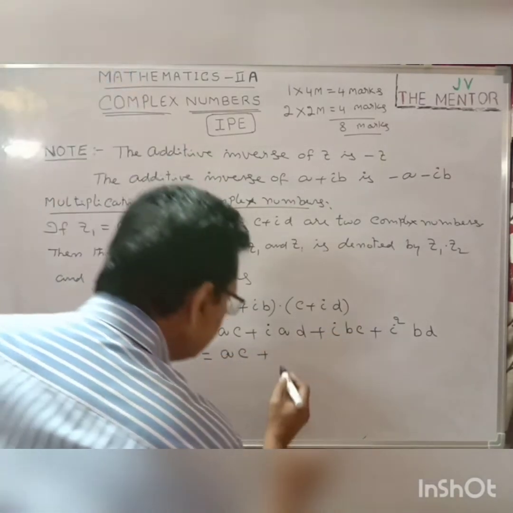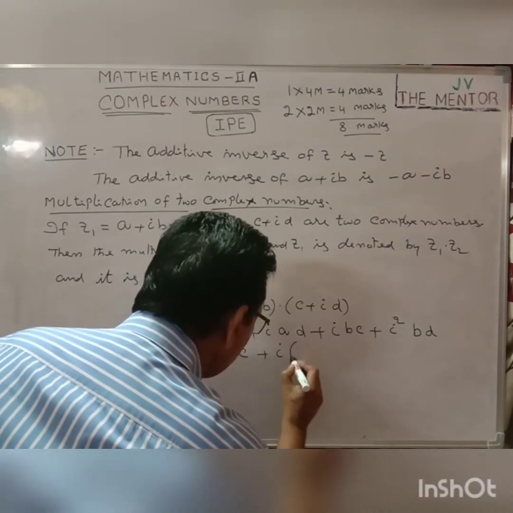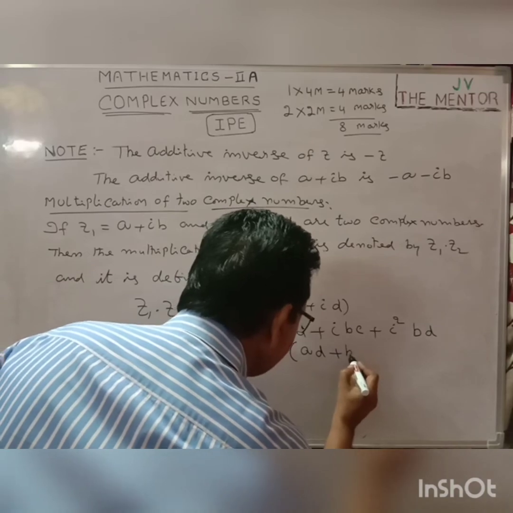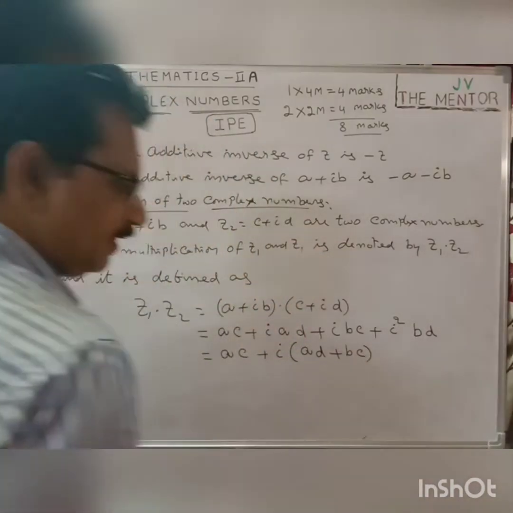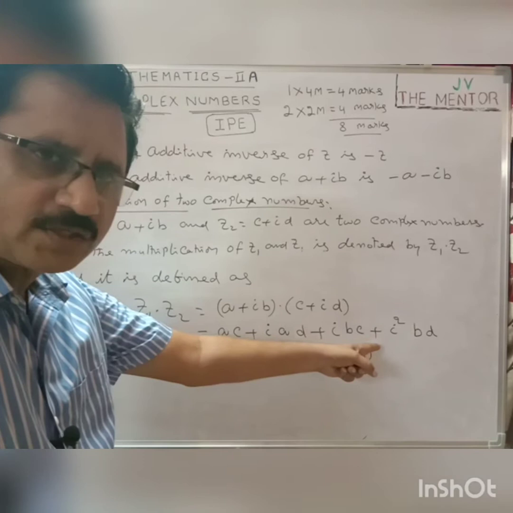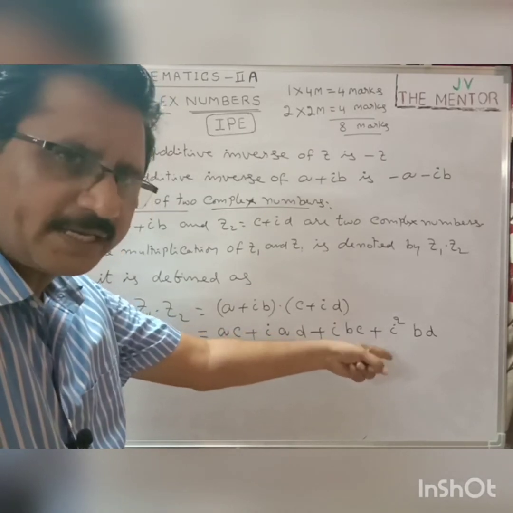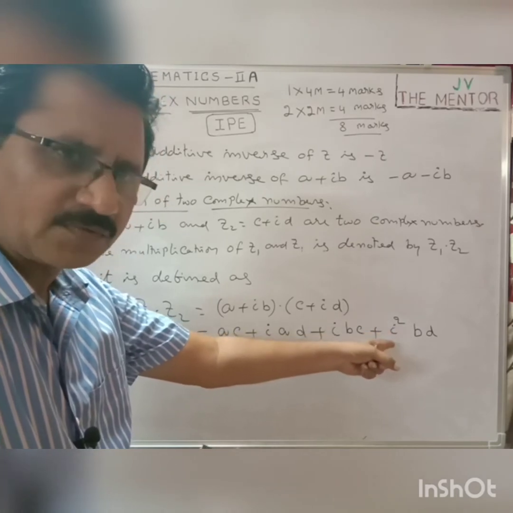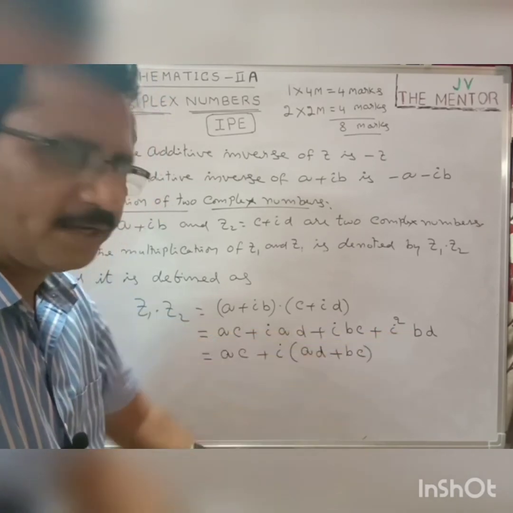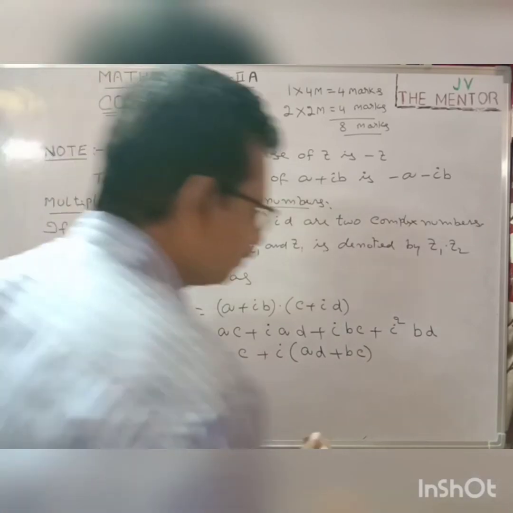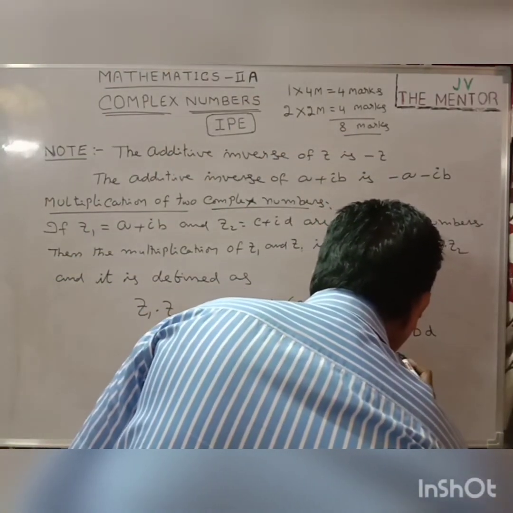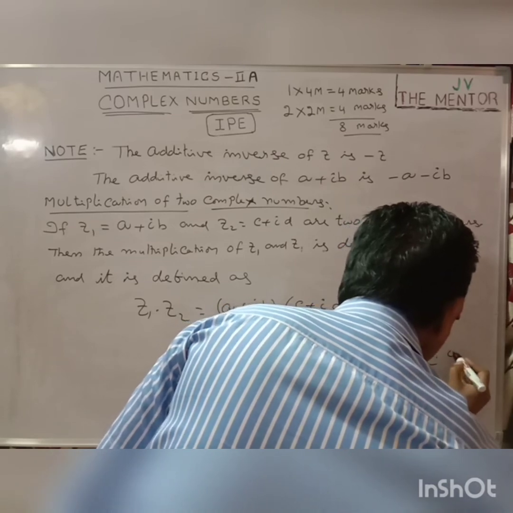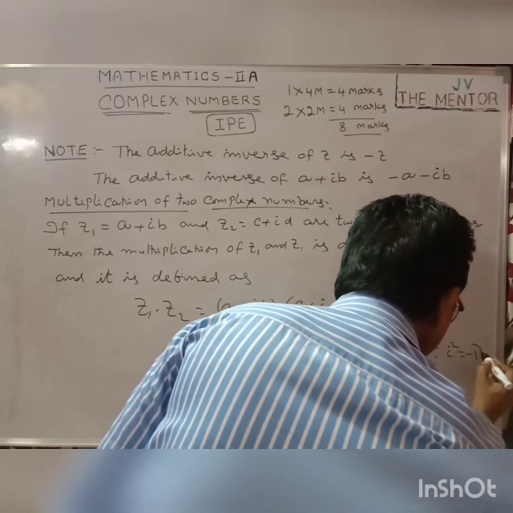I into AD plus BC plus what is the value of I square? The value of I square is minus 1, into BD. So that is minus BD, since I square equal to minus 1.